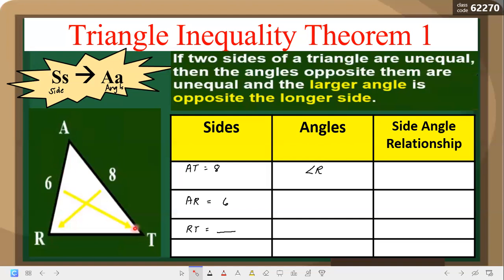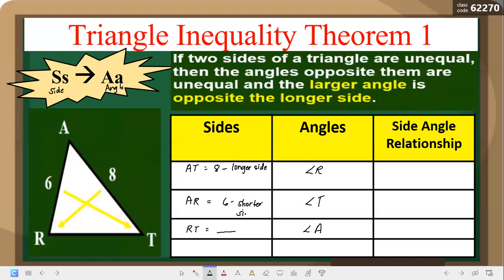So ito po, angle T. Then for the last one, we have angle A. So ito po, this will be the longer side. This one will be the shorter side.